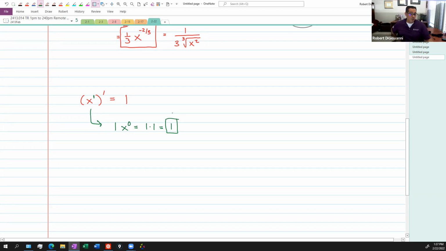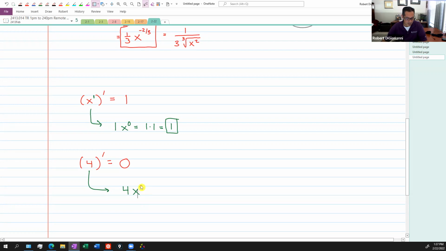You know what's also cool? Remember how we said the derivative of a constant is 0? One way you could convince yourself of that is to say, look, 4 is the same as 4 times x to the 0. I know that looks ridiculous, but what would the derivative of x to the 0 be?